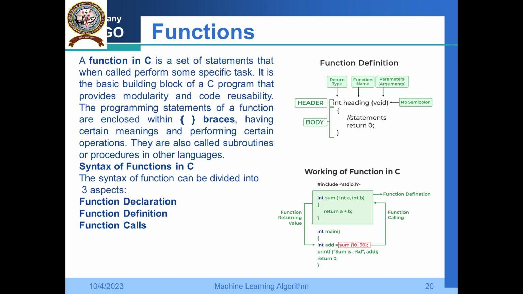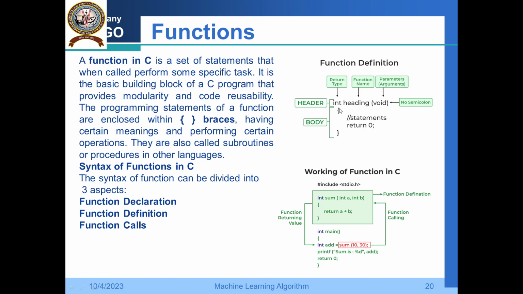In the function definition, first is the return type, integer, then the function name, sum or whatever, then either void if there are no parameters, or the parameters we are passing. In this heading we do not put any semicolon. You can check here, there is no semicolon.